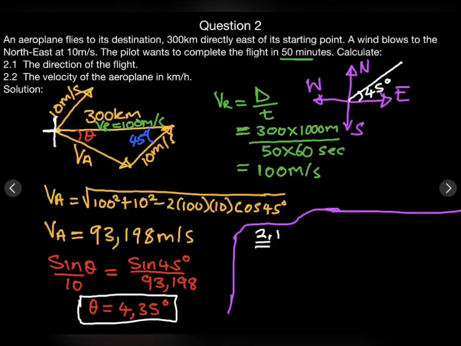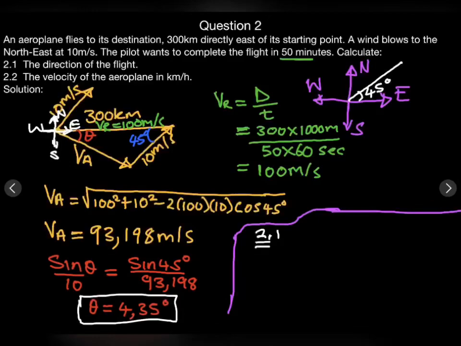If I go back to my triangle and put compass points on the starting point, I show my compass point as usual. You can see that the direction of the flight lies between south and east.